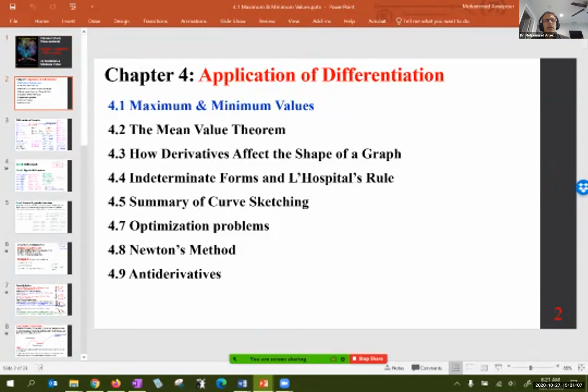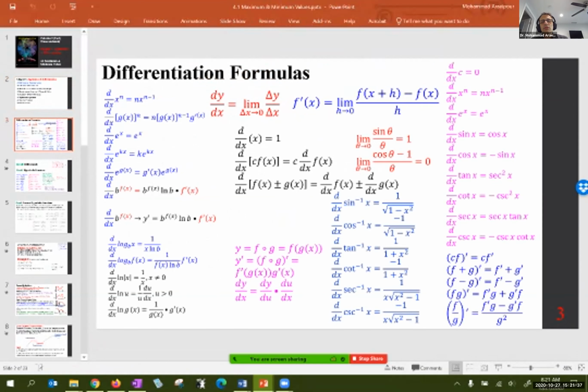So in this chapter, we cover max and min, the mean value theorem, how derivatives affect the shape of a graph, indeterminate forms and L'Hopital's rule, summary of curve sketching, optimization problems, Newton's method, antiderivatives, or integration.